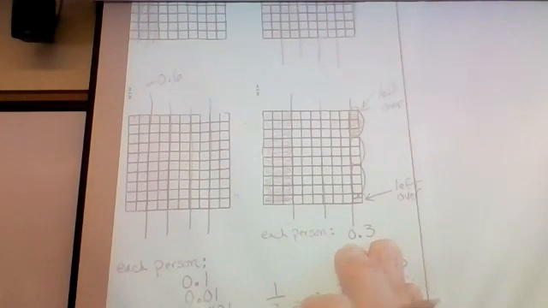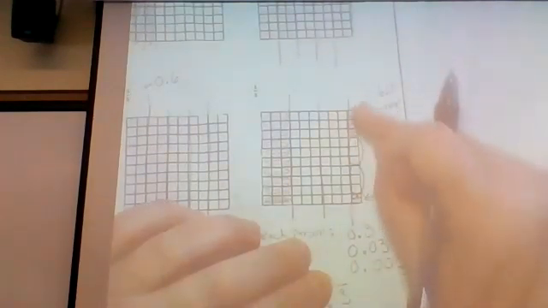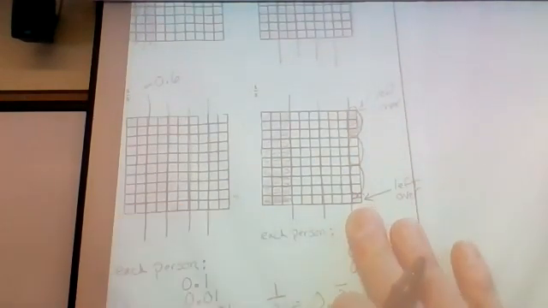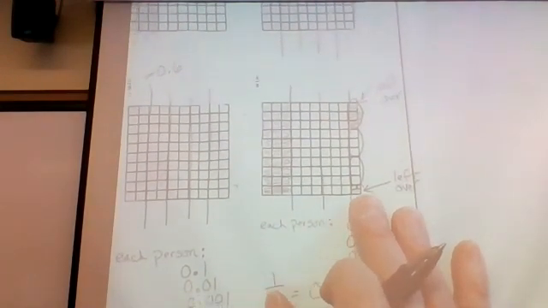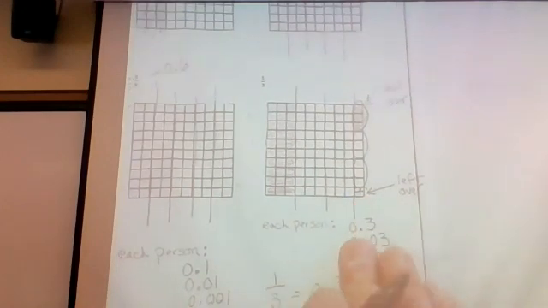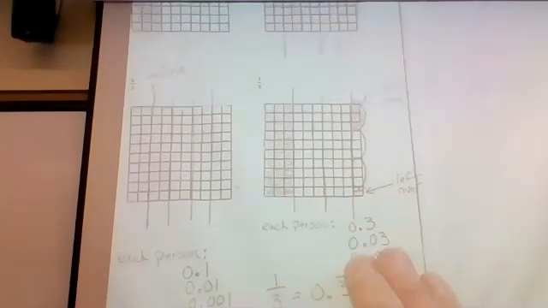But then I'd have this column left over at the end. So I'd take my leftover column and divide that column up into 3 pieces. So I'd give everybody 3 columns, then I'd give everybody 3 squares, 3 hundredths. But then I still have a leftover hundredth.